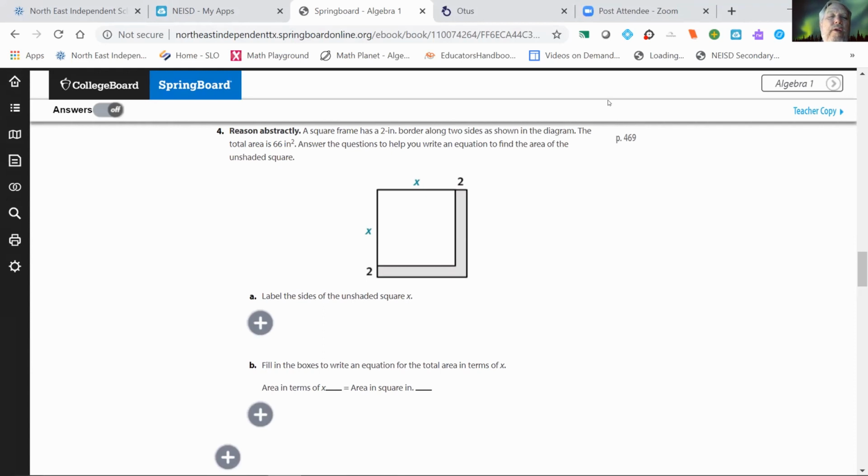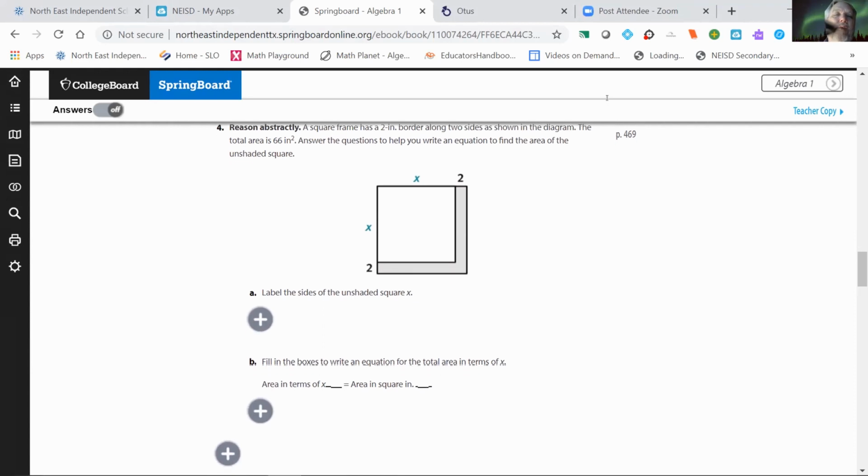So we know this whole thing is 66 square inches, and we're trimming off 2 inches just on 2 faces.